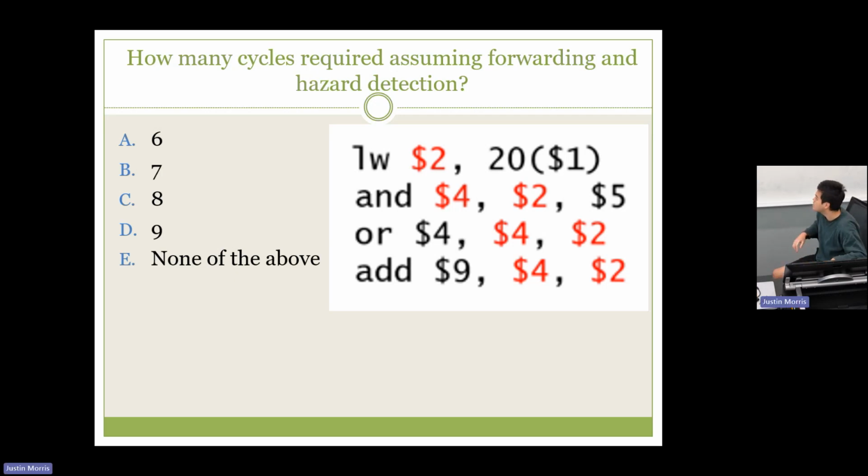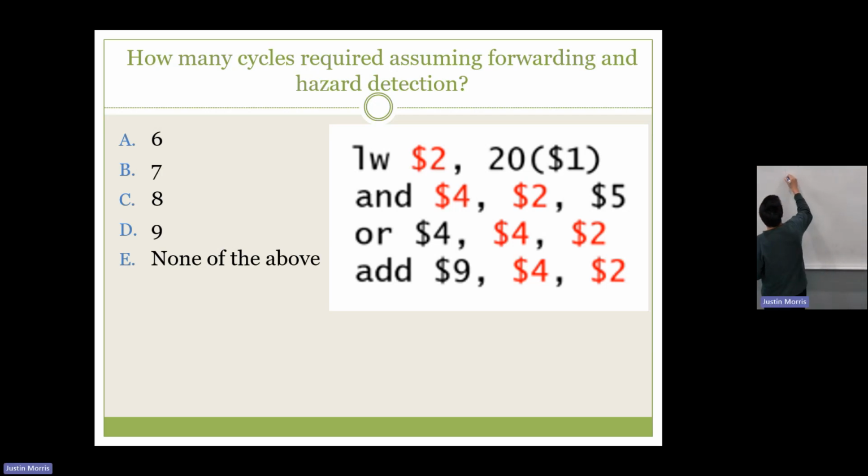So for this one, I'm going to draw the multi-cycle diagram. What goes on top? Cycle, right? Cycle 1. My instruction is load word. Cycle 1, load word does fetch. Nothing else happens, okay? Cycle 2.